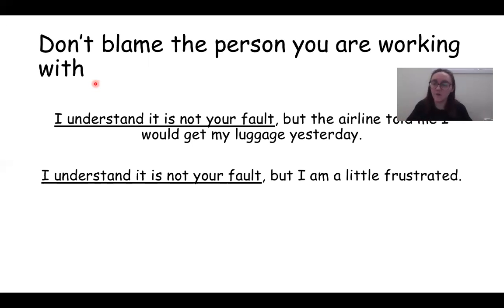And I'm sure you all know this because you have all been working in positions where you're helping people and sometimes they get angry and you're like, it isn't my fault, so you don't need to be mad at me. But sometimes you still need to let them know that it's wrong and it needs to be fixed, right? So, I understand it is not your fault, right?